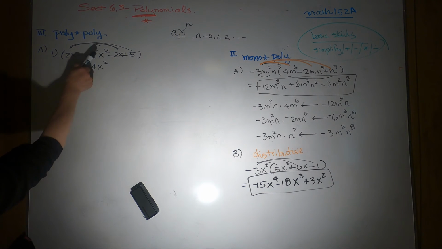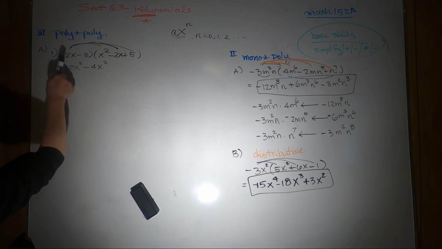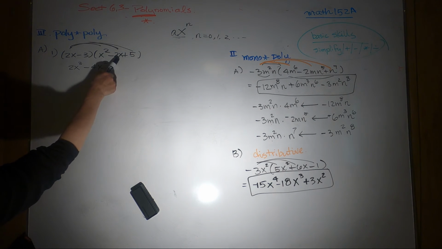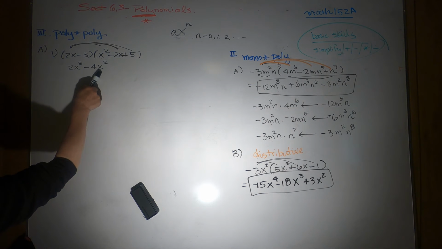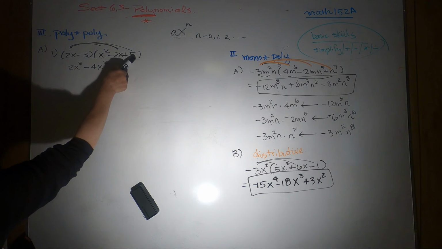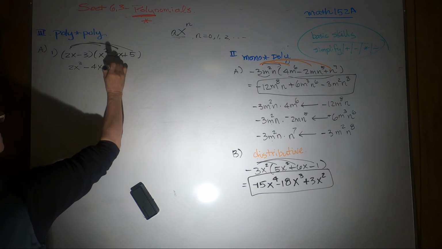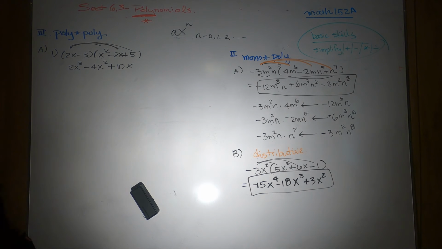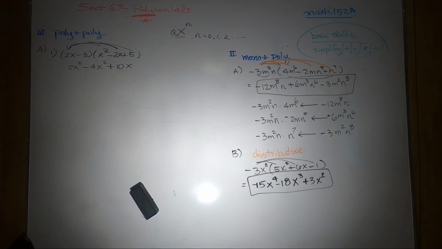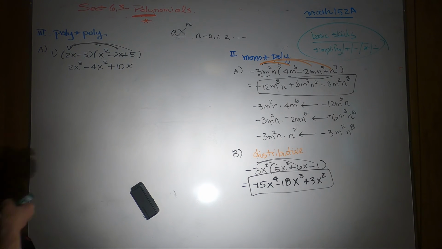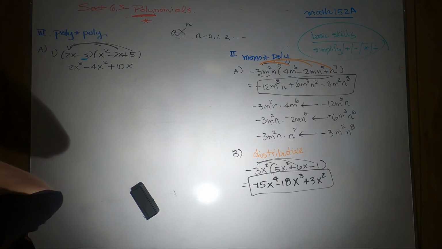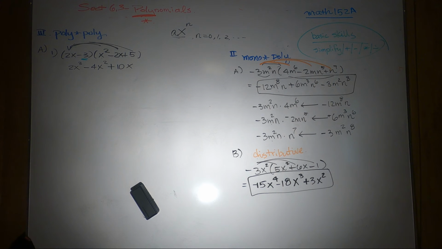Okay, so this one times x squared is 2x cubed, still first one times the second one, next negative 4x squared, then first one times the last one would be what? 2 times 5, 10x, right? So you finish one item from the first, then you do the second item, distributing to everything behind.